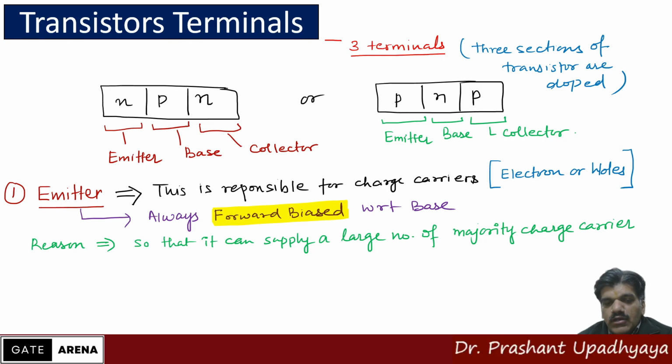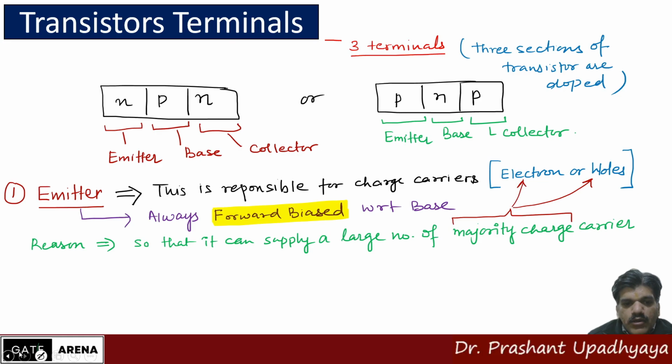Again, the majority charge carrier depends on whether you are using the NPN or the PNP transistor, electrons or holes. If we are talking about an N type semiconductor, electrons are the majority charge carriers. If we are talking about a P type semiconductor, holes are the majority charge carriers.